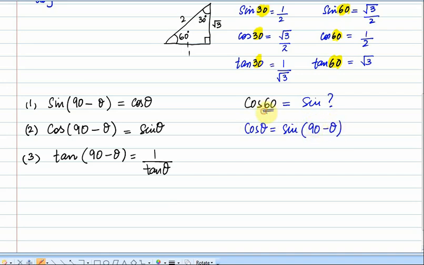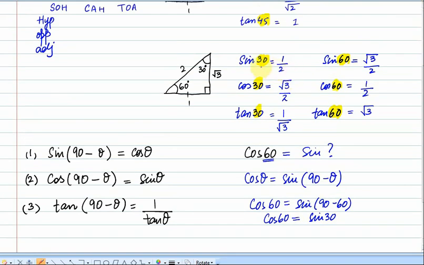The value of theta in my case is 60, so cos 60 is equal to sine 90 minus 60, which proves that cos 60 is equal to sine 30. Now you can verify it with your calculator, and we can verify from here as well. Sine 30 is 1 over 2 and cos 60 is 1 over 2. So these two values are the same.